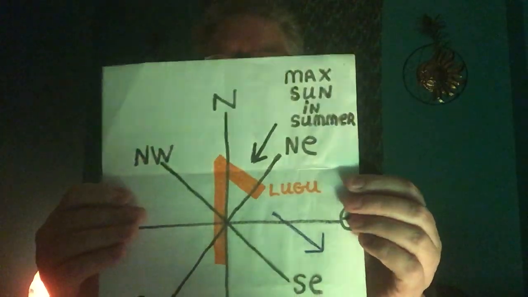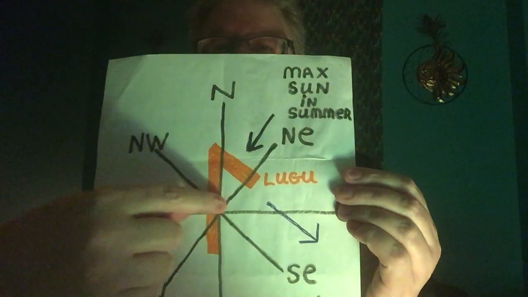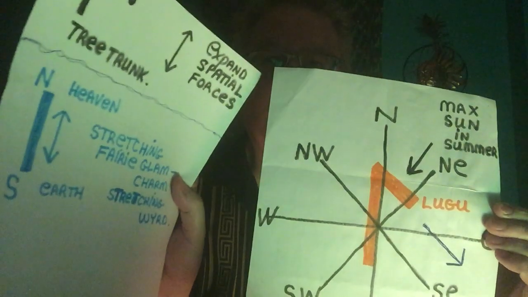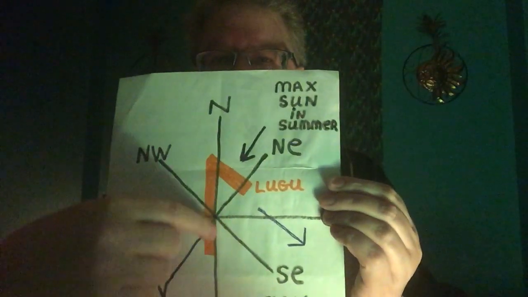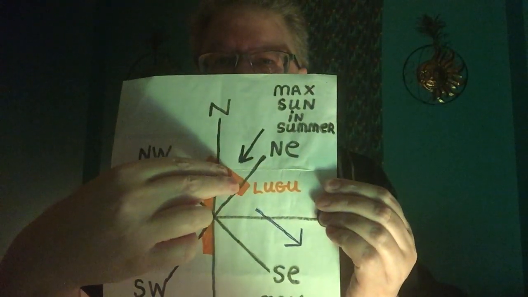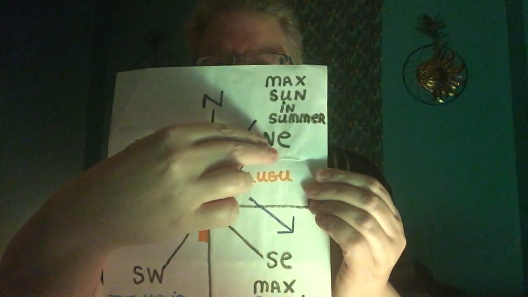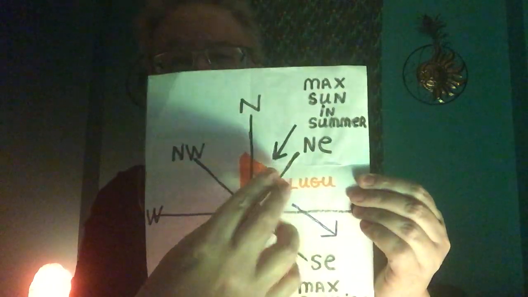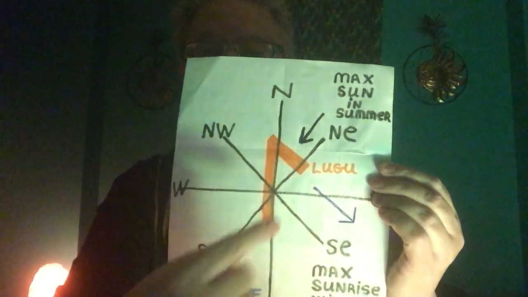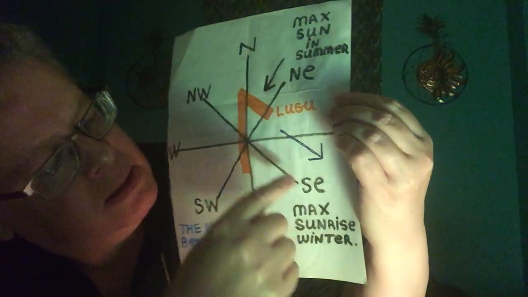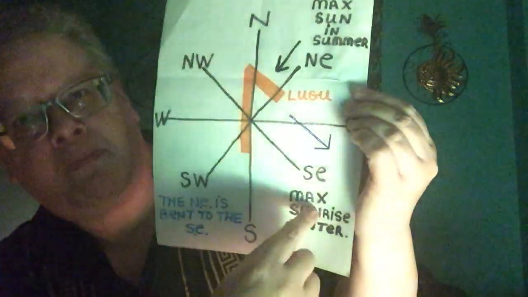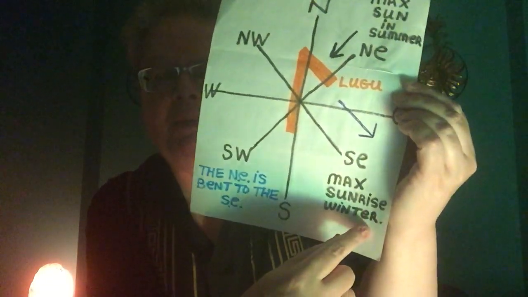And to see this in another way, you have this rune here in orange, and you see how that one rune there can again be seen being bent by the northeast. And it bends the rune downward to the southeast with the maximum sunrise of summer.